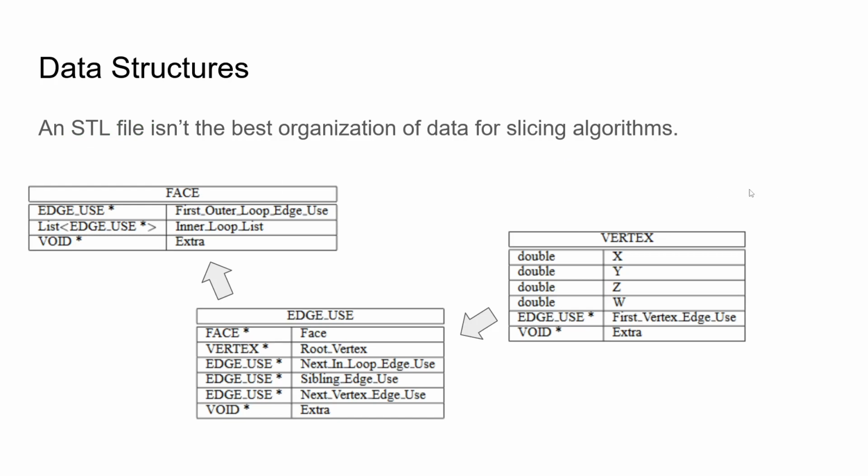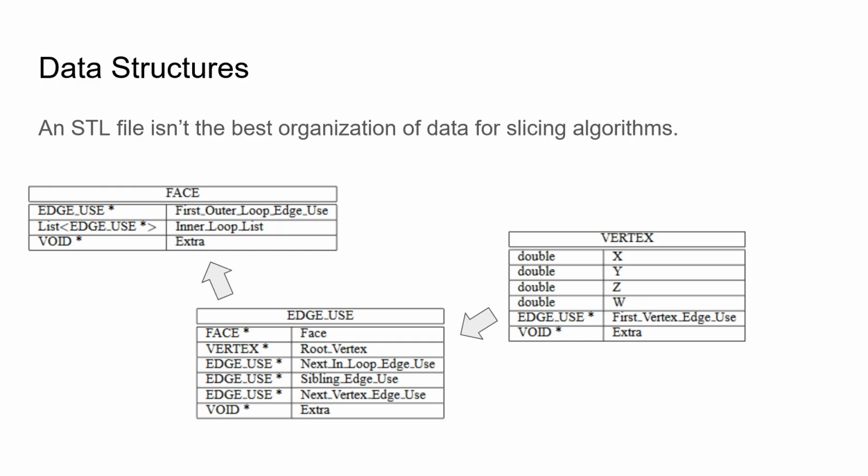Yeah, so an STL is definitely not the best organization for slicing algorithms. It is really nice and generic. That's why it's used, because it is so generic. But if you really want to start performing algorithms on things like STLs, you need to take the data, parse it, and essentially reorganize it.